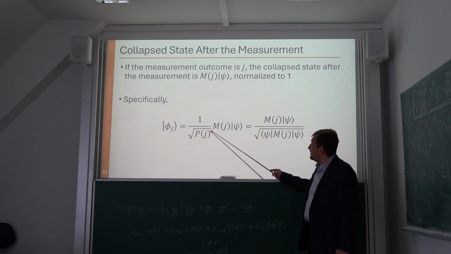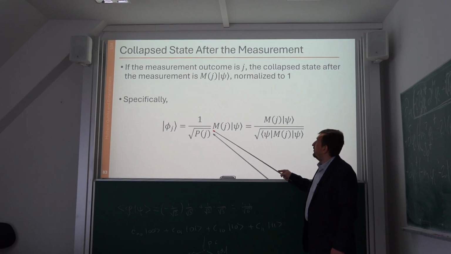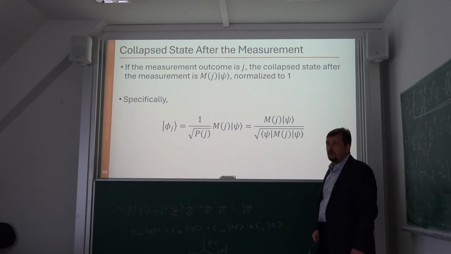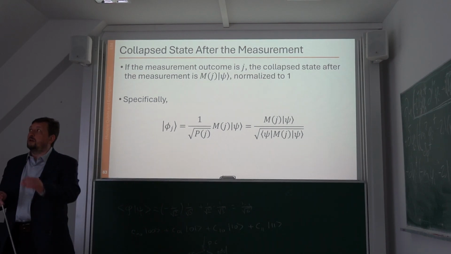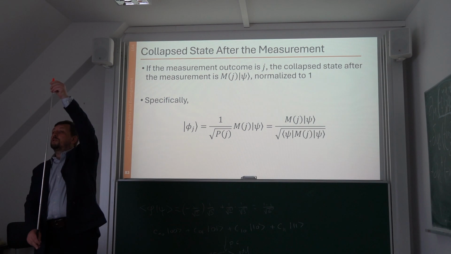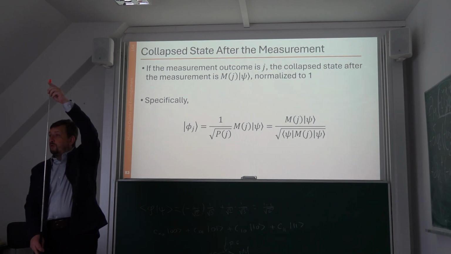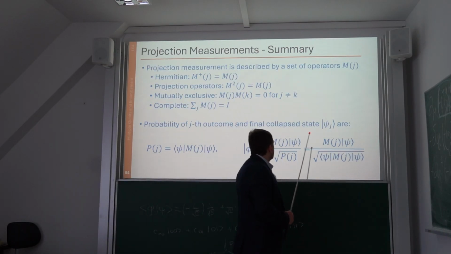We normalize because the length of this vector is the probability. So in projection measurement, we say, okay, we have a state like this, we project it, say, to the axis, and then we scale it up so its length will be equal to 1. Everything is described through this projection measurement.